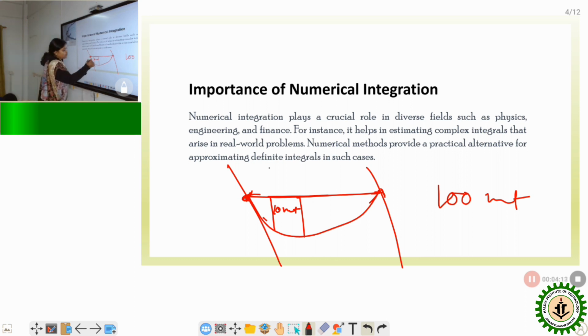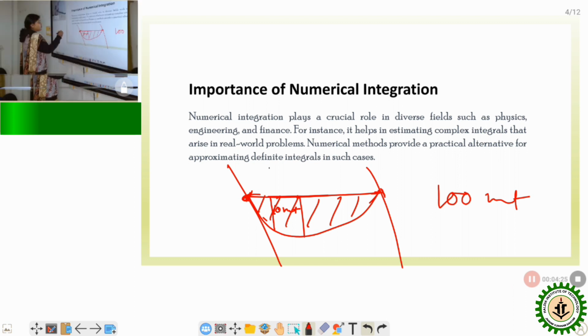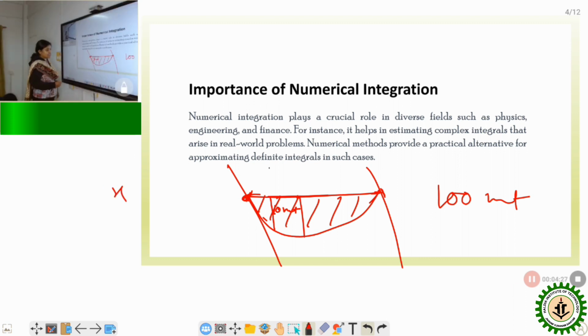Now, if we want to find the cross-sectional area, that means this much area, then by the analytical method we can't find it. Because if we take the distance from me as x and the depth as f(x), the form of the function is not given.